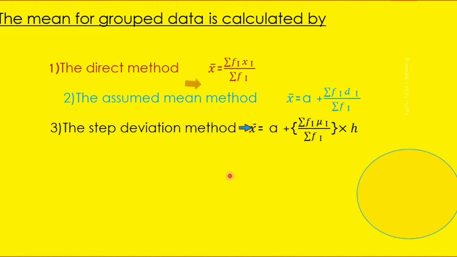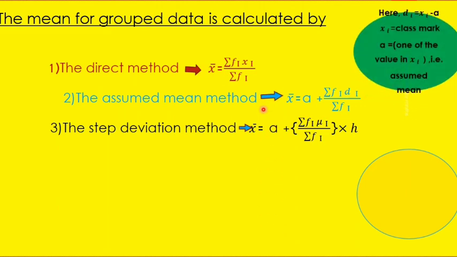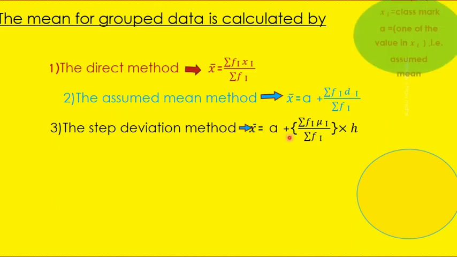Here a is the assumed value. Now the third one, the step deviation method: x bar equal to a plus sigma fi ui by sigma fi into h. Here a is also the assumed mean, and di equal to xi minus a. xi is the class mark, and a is one of the values in xi, that is the assumed mean.